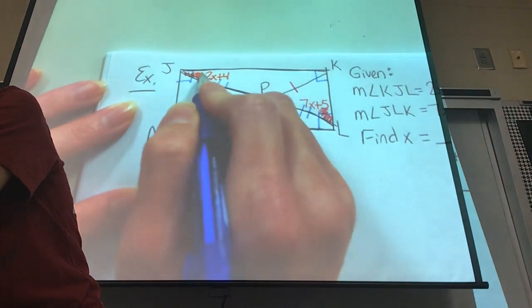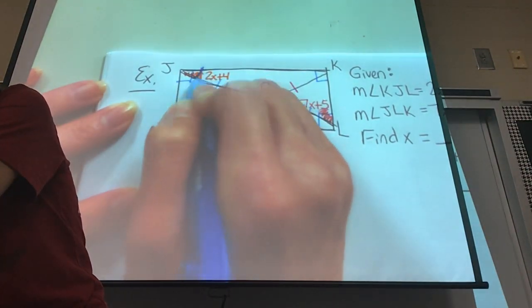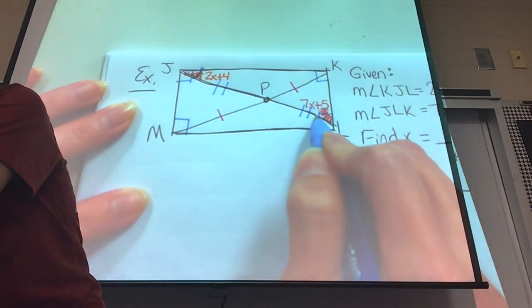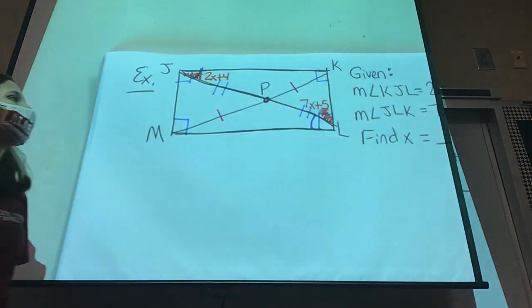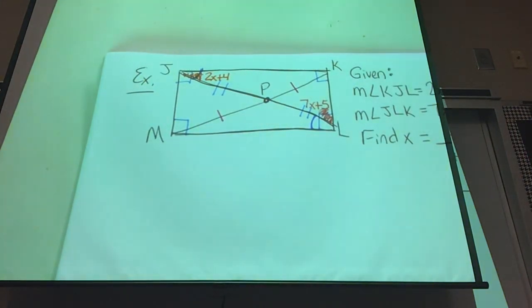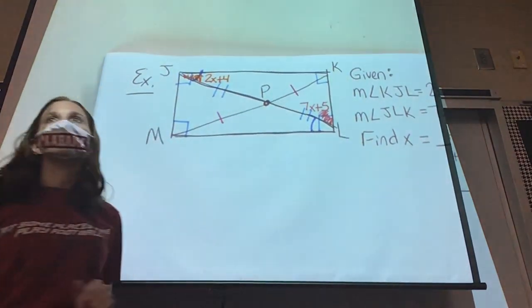This angle right here is going to be congruent to this one, because they are technically alternate interior angles. This little piece is congruent to this little piece.